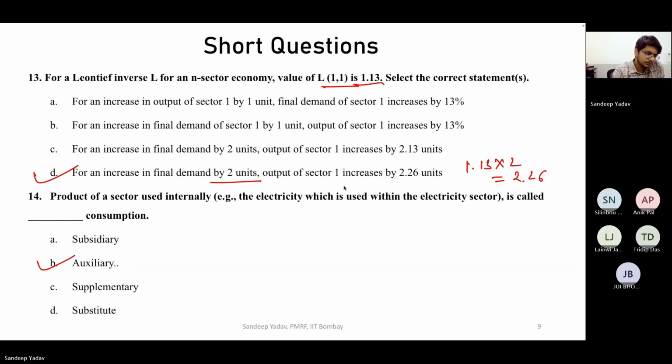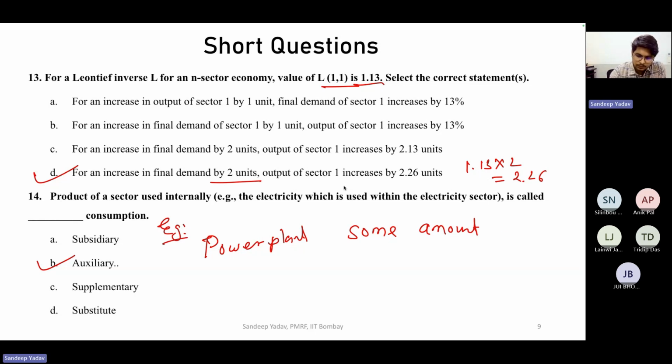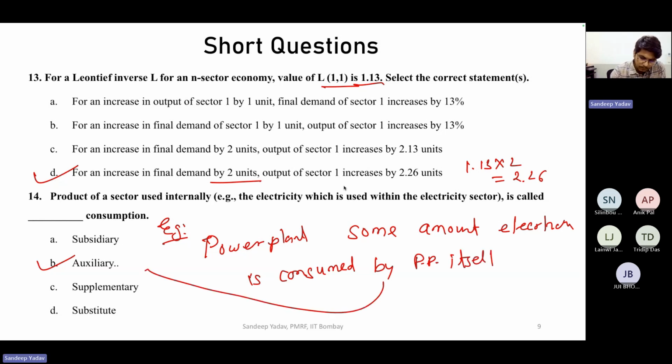Usually when we talk about power plants, there is some amount of electricity that is internally consumed, I'm just giving an example. Some amount of electricity is consumed by the power plant itself. That's called auxiliary consumption. That typically ranges from 2 to 3% of the overall power.